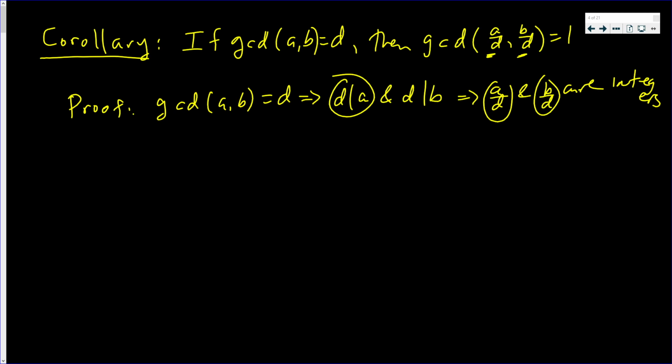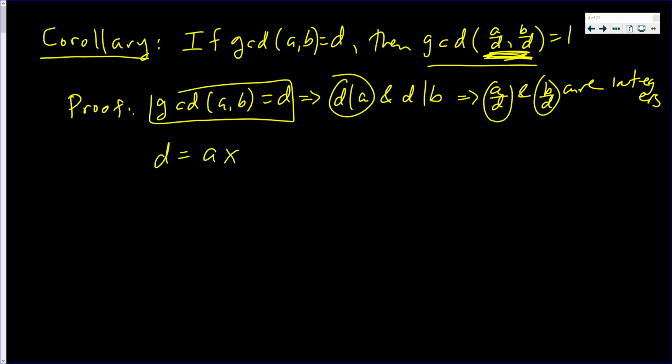So now we can talk about the GCD of those two numbers because those numbers are integers. Now, since the GCD of A and B is D, that means D is equal to AX plus BY for some pair of integers, X and Y.